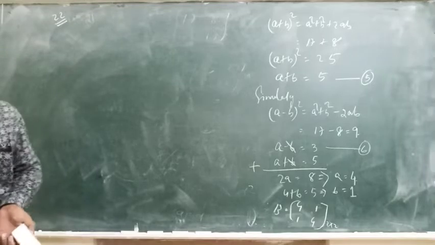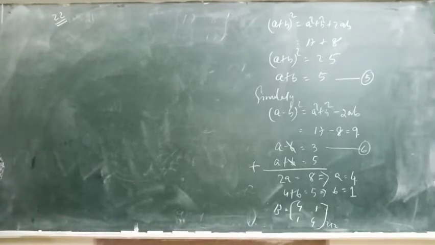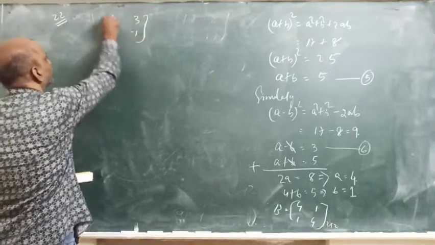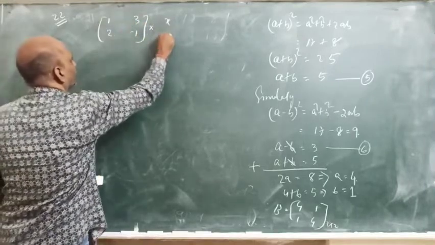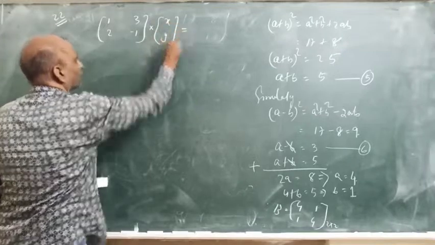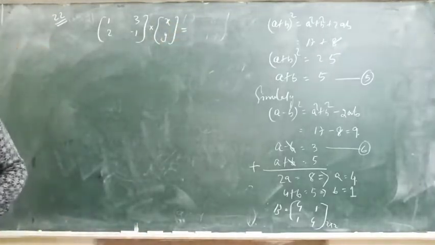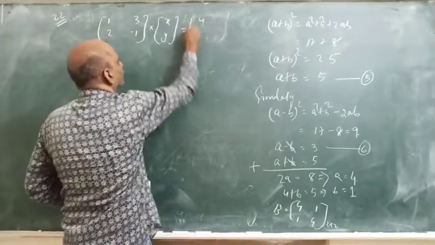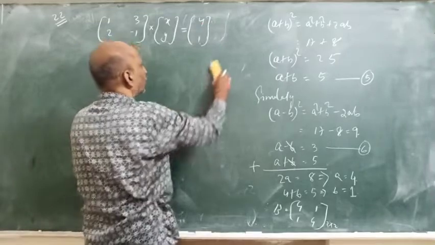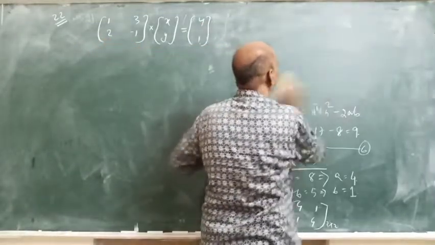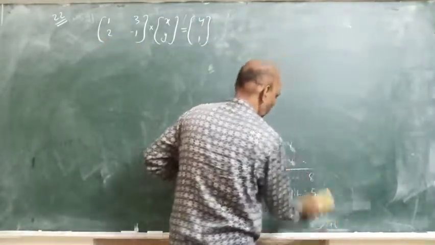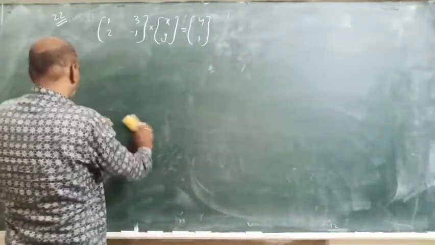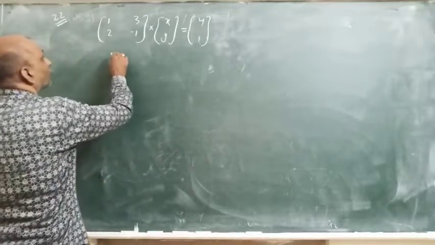22. Find x and y: [1 3; 2 -1] into [x; y] is equal to [4; 1]. Okay, now look here.